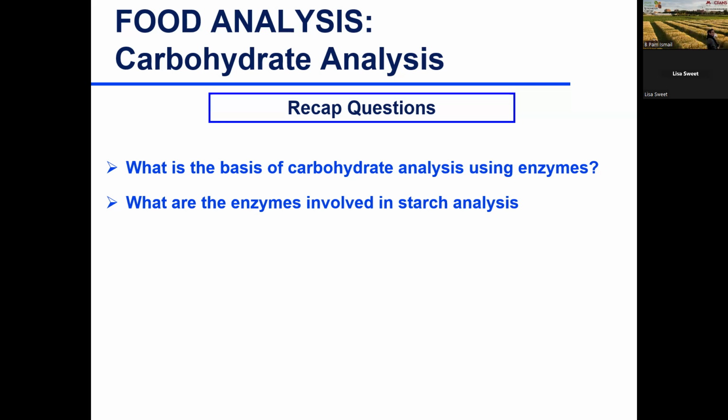To get the glucose, you can read from your notes. What do you use? Glucoamylase. So we use glucoamylase to break down those small maltodextrins to get to that monomer unit, which is glucose.